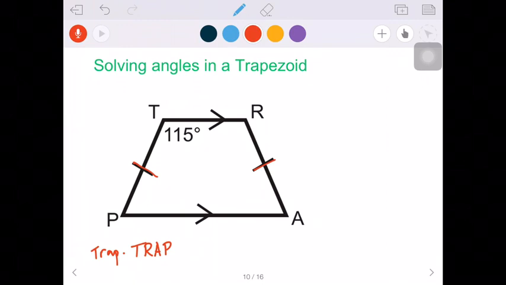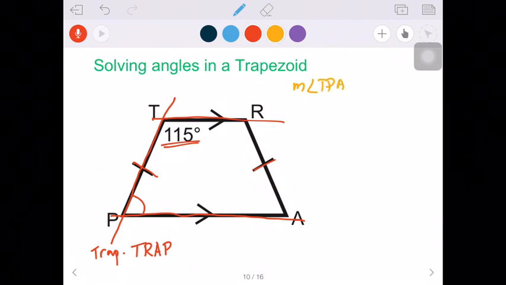So if this is 115 degrees, and these two sides here are actually parallel, this side, TP, becomes its transversal. So that would mean 115 degrees and this angle here are same side interior angles, and they are supplementary. So first, we write here the angles that we need to measure. Another angle here is angle TPA.